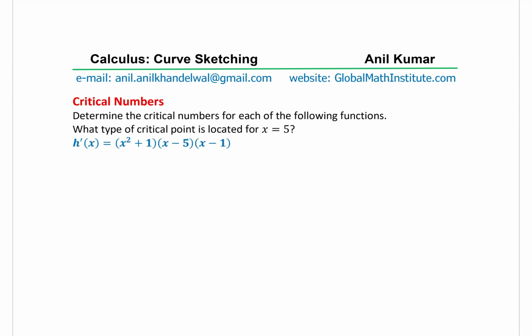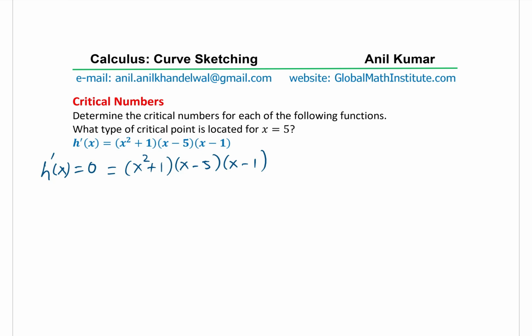So I hope you have understood the concept. Now in the second example, we have directly given you the derivative, right? Since the derivative is given to us, we can straight away write when this derivative equals 0. That is to say, when is x squared plus 1 times x minus 5 times x minus 1 equals 0?